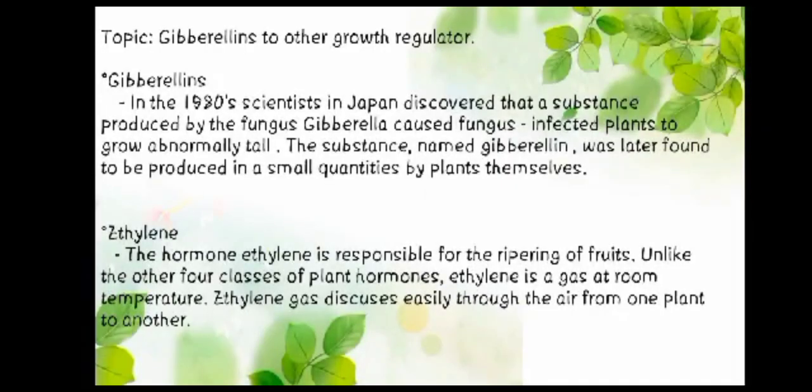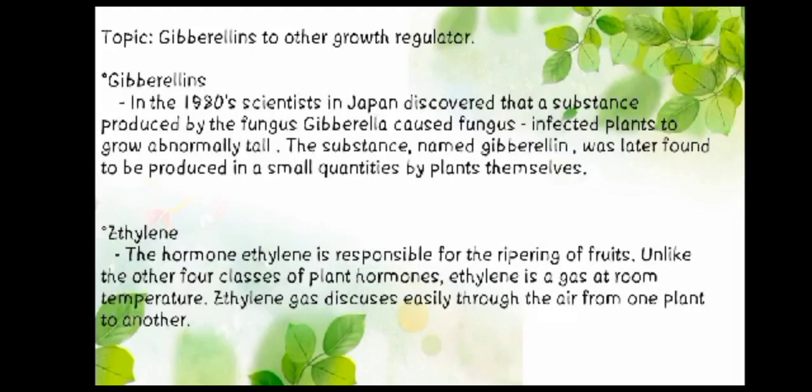Topic: Gibberellins, another growth regulator. In the 1980s, scientists in Japan discovered that a substance produced by the fungus Gibberella caused fungus-infected plants to grow abnormally tall. The substance, named gibberellin, was later found to be produced in small quantities by plants themselves.